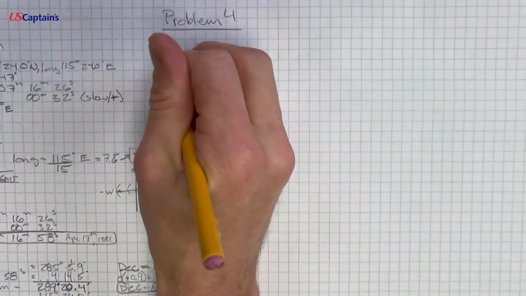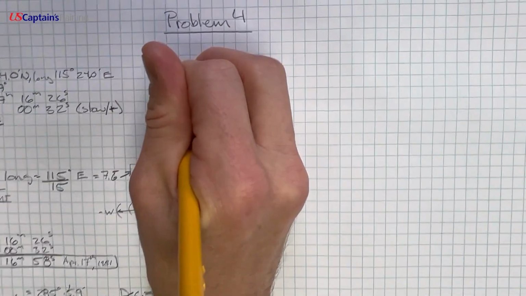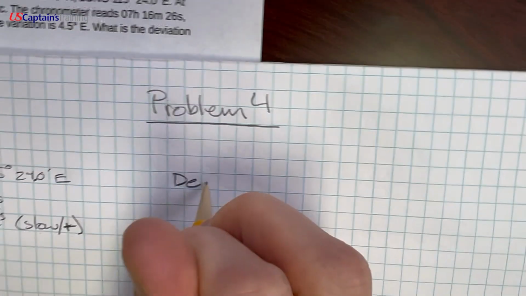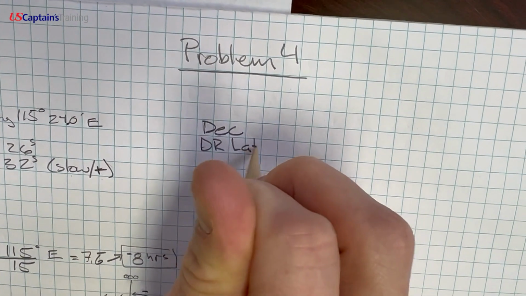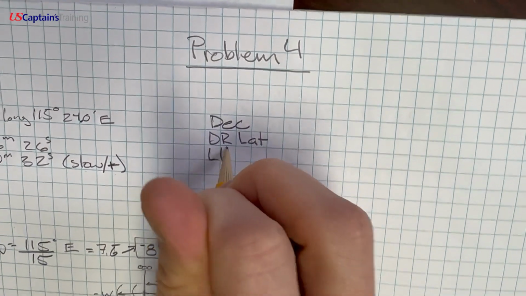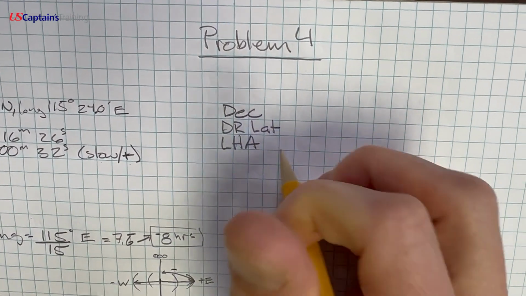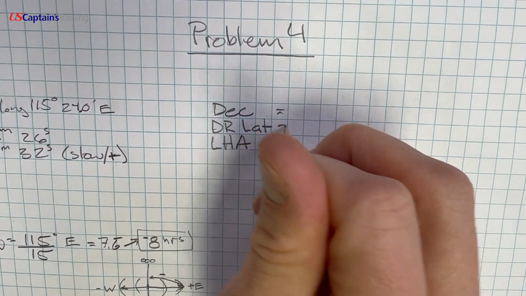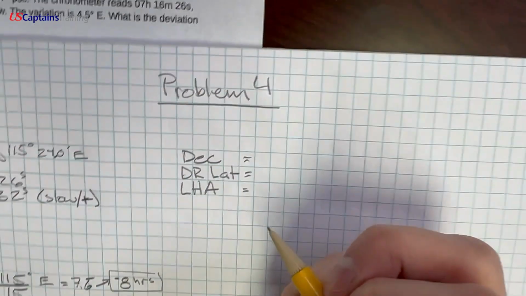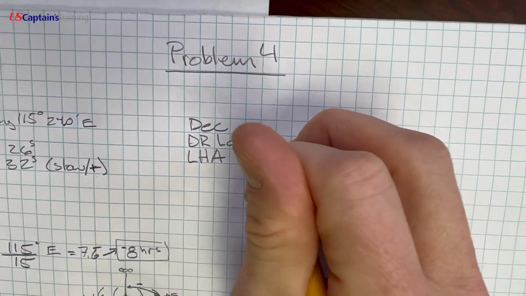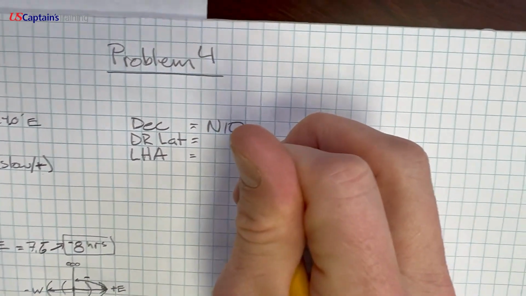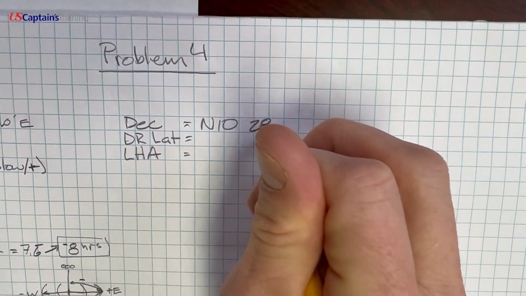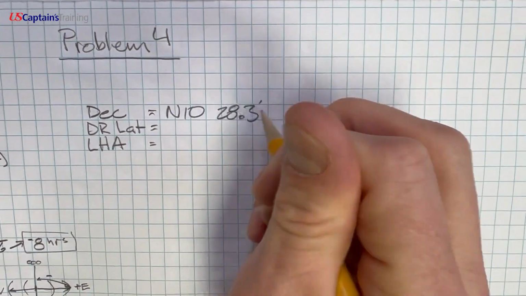Okay, so now with this information, we come up here and we can tabulate some stuff. So we're going to start off with declination, and then we're going to need our DR lat, and then the LHA of the sun. So our declination, we calculated here, is north 10 degrees 28.3 minutes.